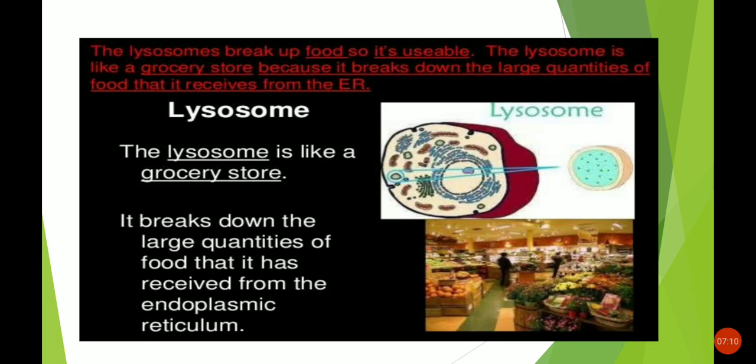Lysosomes are also called suicidal bags because when the cell becomes weak or old, these lysosomes destroy the cell itself. That is why lysosomes are called suicidal bags of the cell.